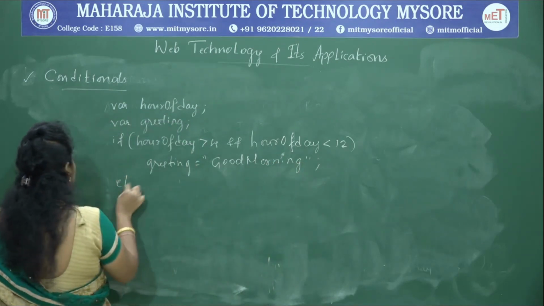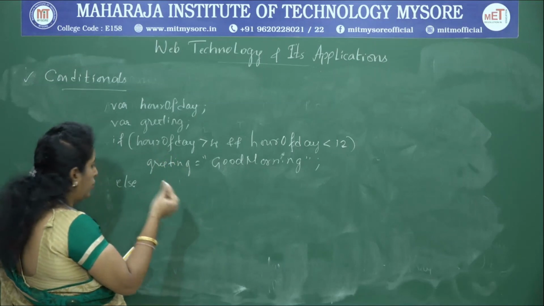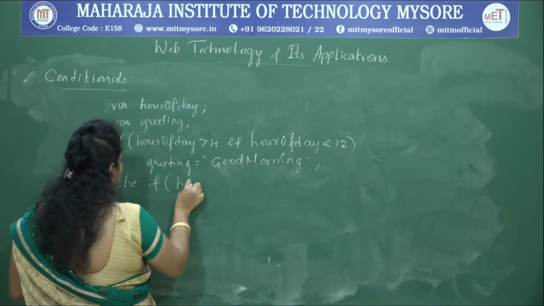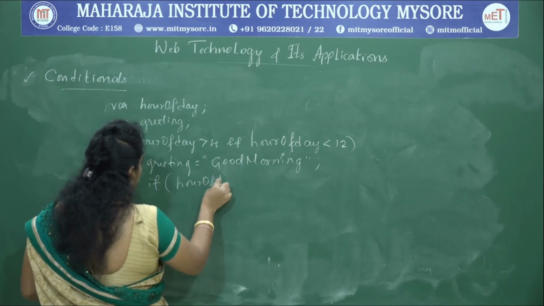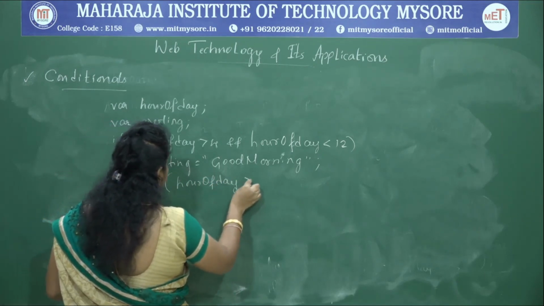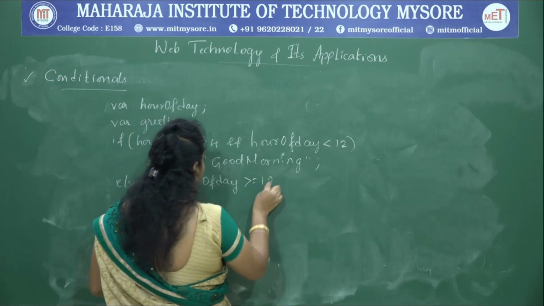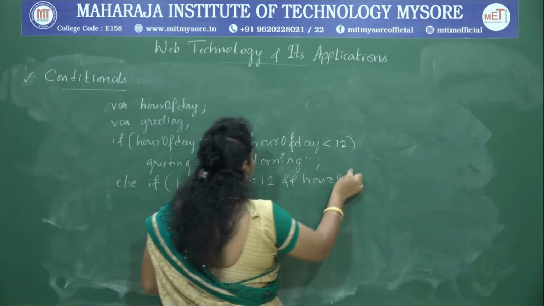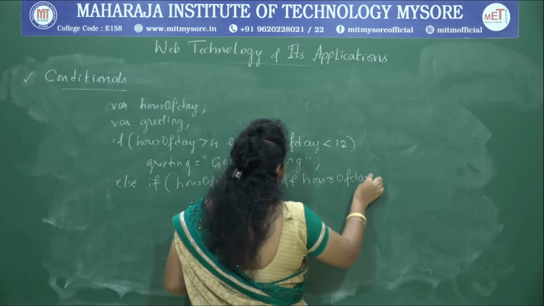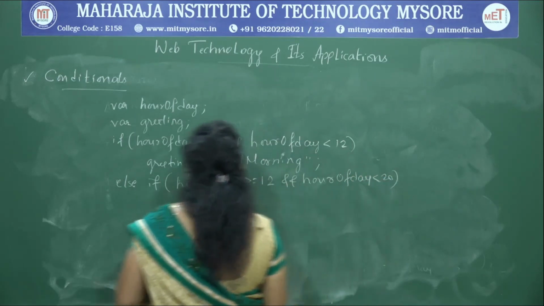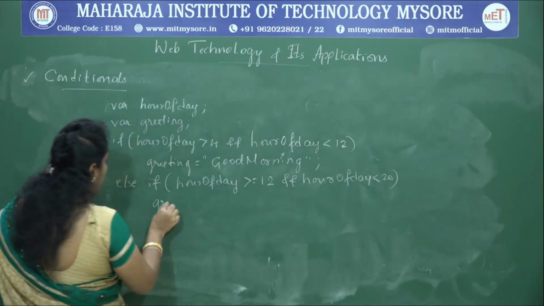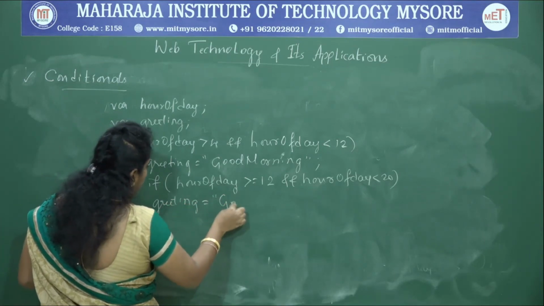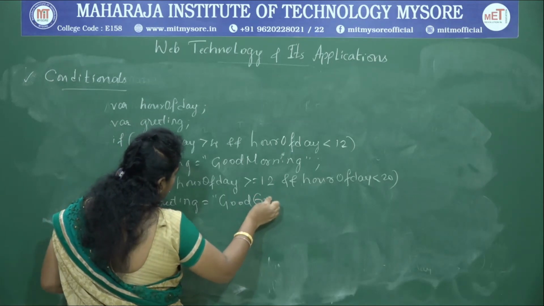Next, else. If this condition is not satisfied, it goes to the next condition and checks hour of day is greater than or equal to 12 and hour of day is less than 20. So greeting is evening, that is it prints good evening.